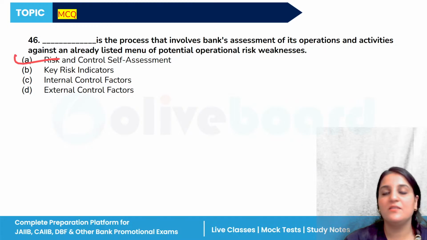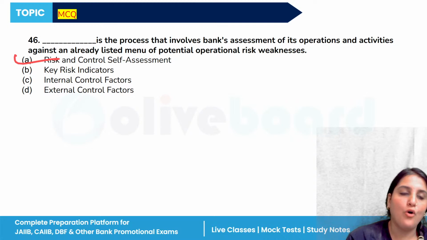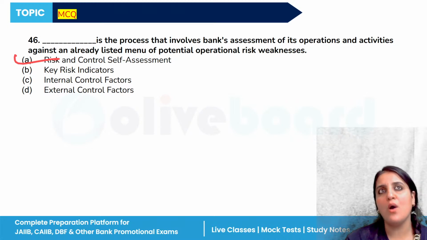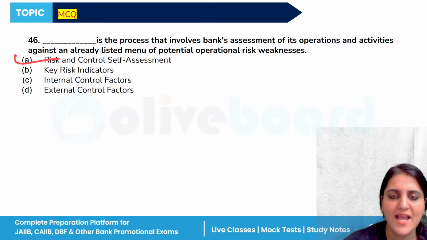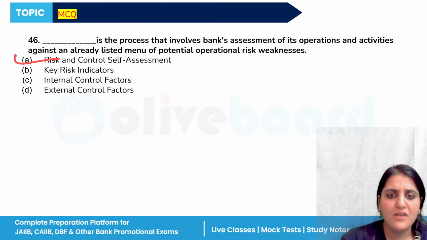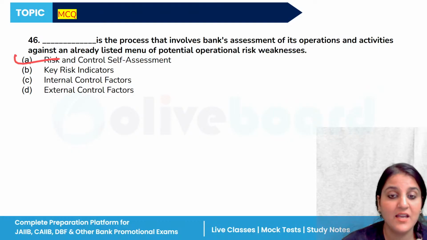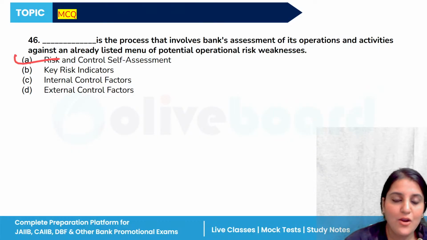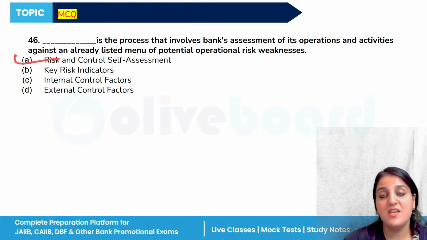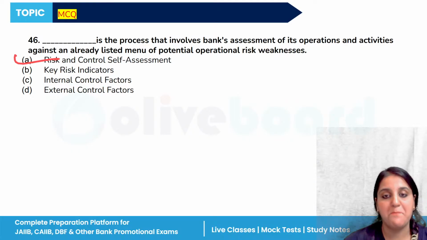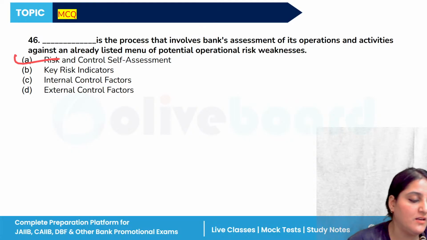This is used by the banks and all the financial institutions to evaluate their operations and all the activities, telling the operational risk weaknesses and the problems. It also helps in identifying the risk, assessing their impact, and evaluating the effectiveness of internal controls.